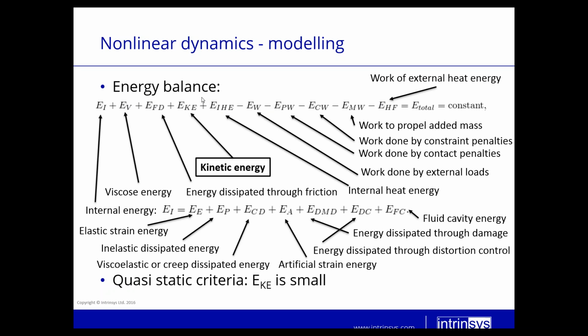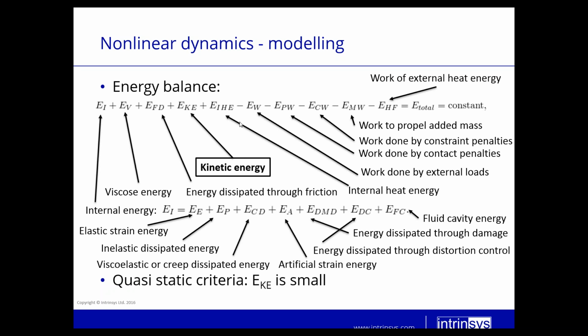So to simplify it, what you always have is work done by your external loads, and that work, in the simplest case, would go into an internal energy and into kinetic energy. Now, in a case of a quasi-static analysis, what you want to ensure is your kinetic energy is small compared to your internal energy, which is made up of the elastic strain energy and the inelastic dissipated energy, which is, for most of the metal basic type applications, the plastic deformation energy.